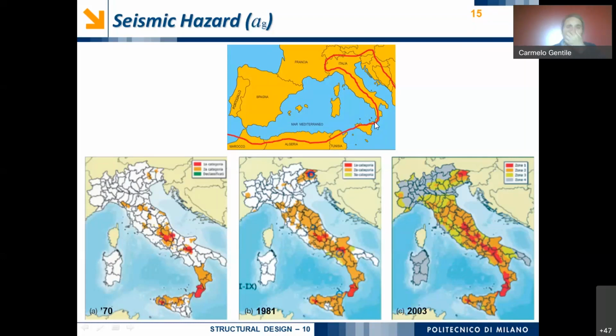And in fact, in recent years, we have had strong earthquakes in central Italy, whereas we remember some very high earthquakes in the region of Friuli, for example, in the 70s.